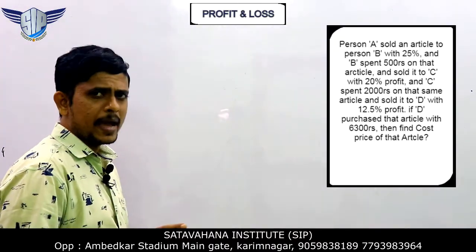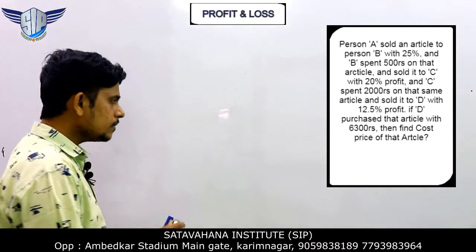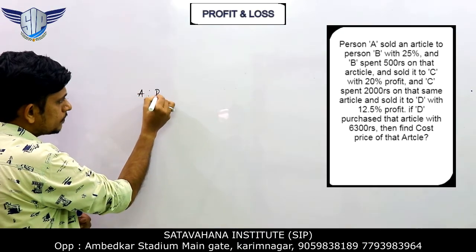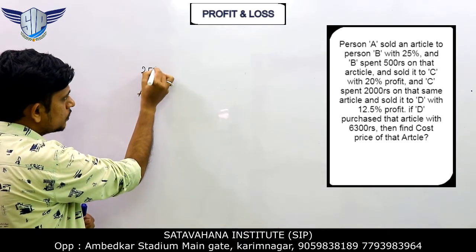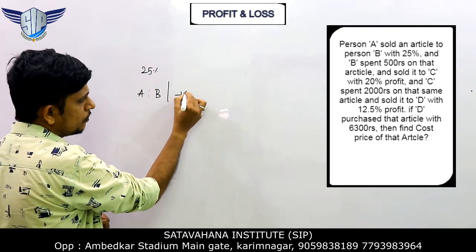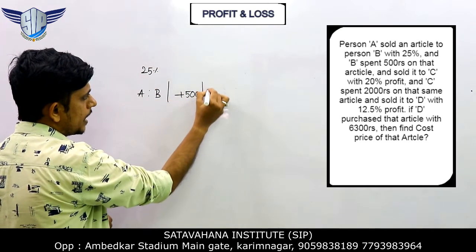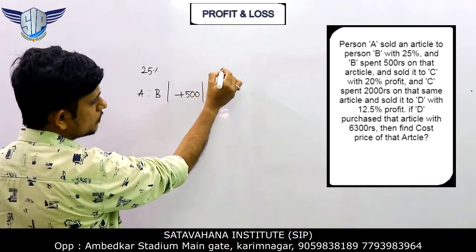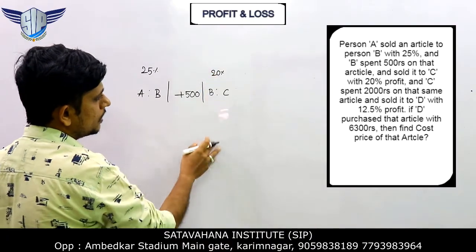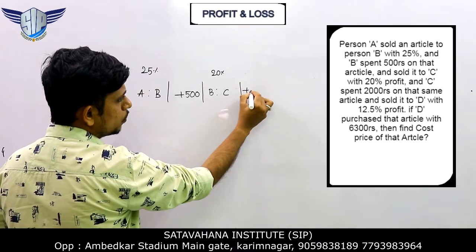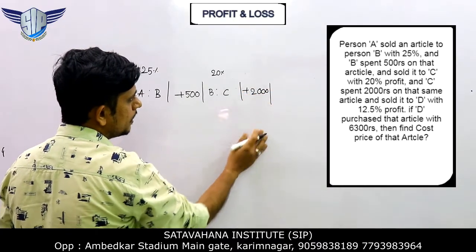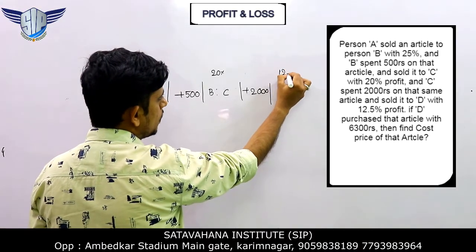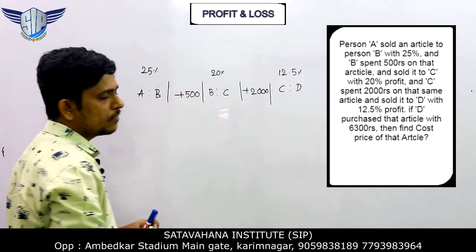Right, here it is the same as the previous question. A sold an article to B with 25% profit and B spent 500 rupees on that article, and B sold the same article to C with 20% profit, and C spent 2000 rupees on the same article and sold it to D with 12.5% profit.